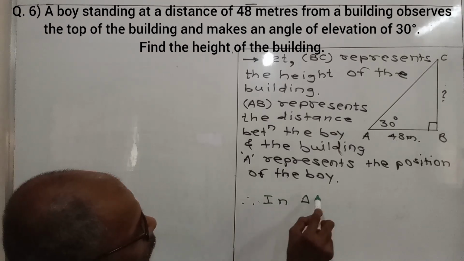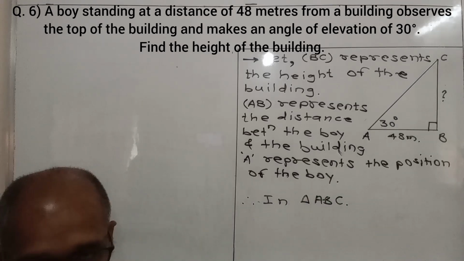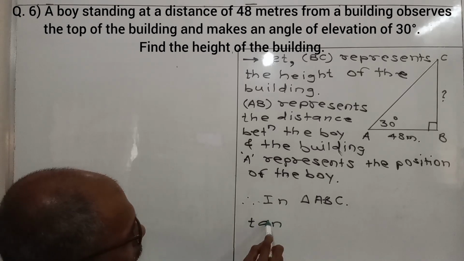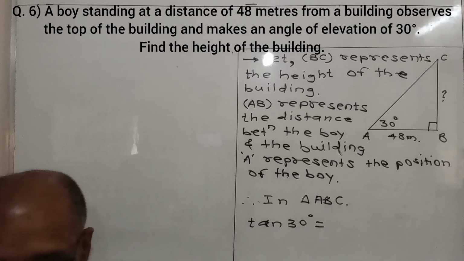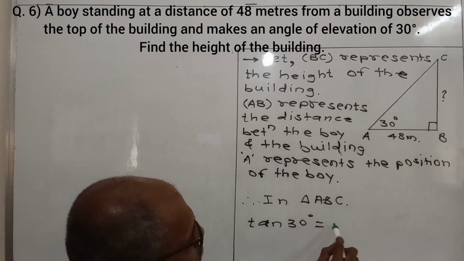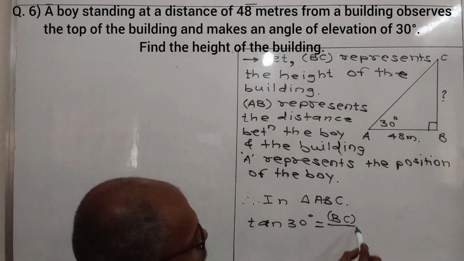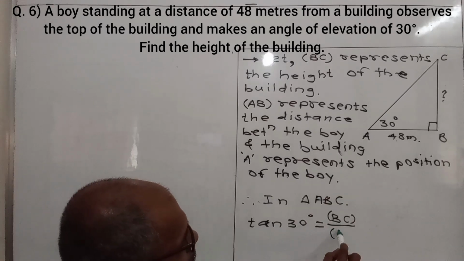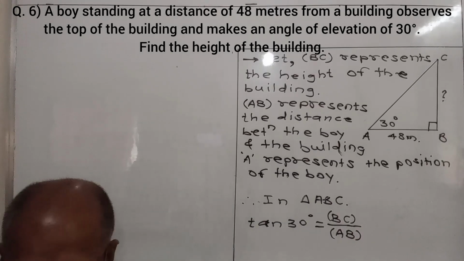In triangle ABC, tan 30 degrees is equal to the opposite side of angle 30 degrees upon the adjacent side, which means BC upon AB.